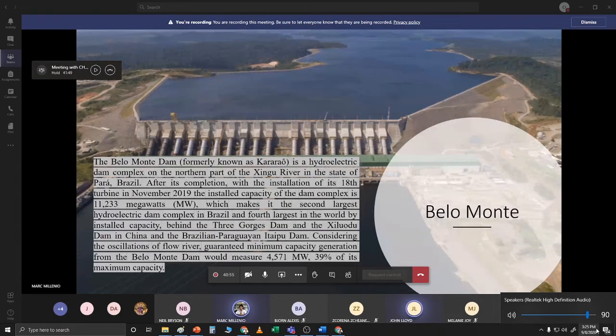So lastly is the Belo Monte Dam. It is a hydroelectric dam complex on the northern part of the Xingu River, state of Para, Brazil. It was completed recently, last November 2019, after the installation of its 18th turbine, and the combined capacity of the complex is 11,233 megawatts.